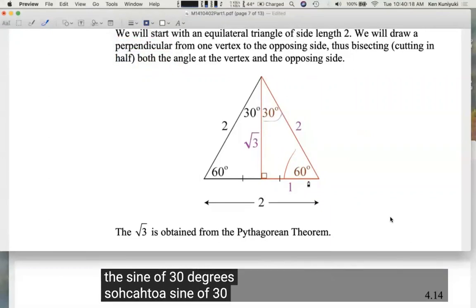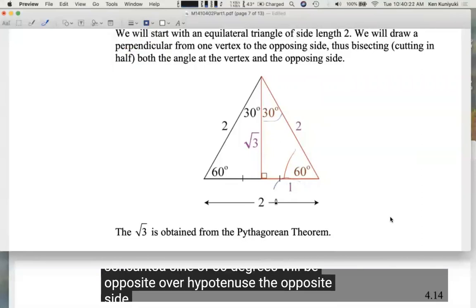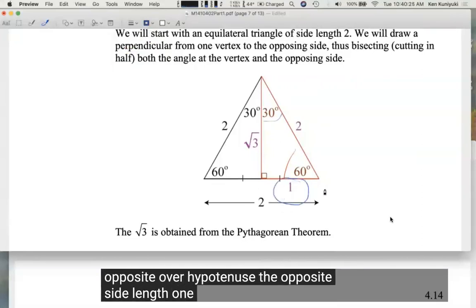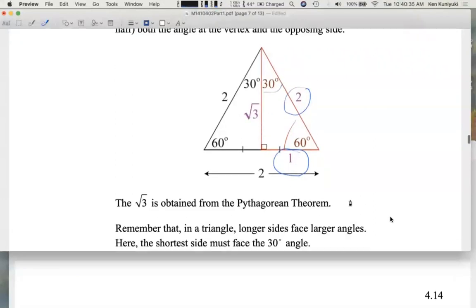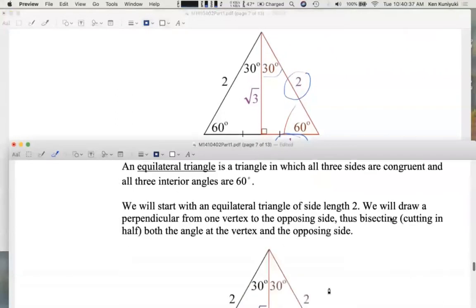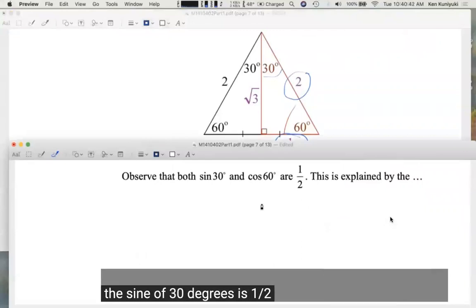Sine of 30 degrees will be opposite over hypotenuse. The opposite side length, 1 unit. The hypotenuse, 2 units. The sine of 30 degrees is 1 over 2. It's 1/2.